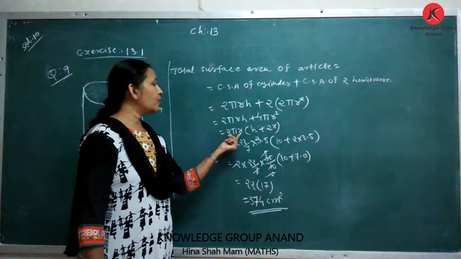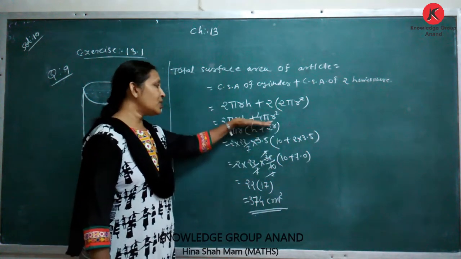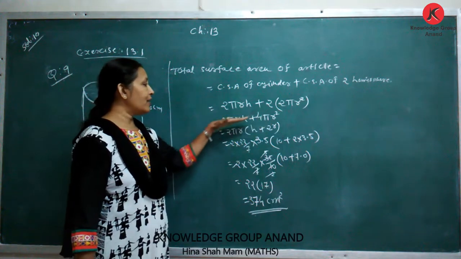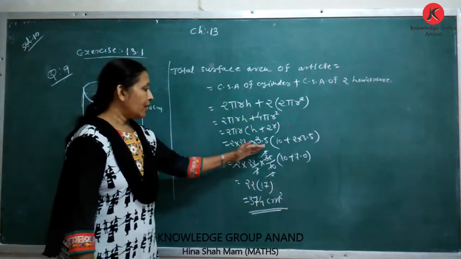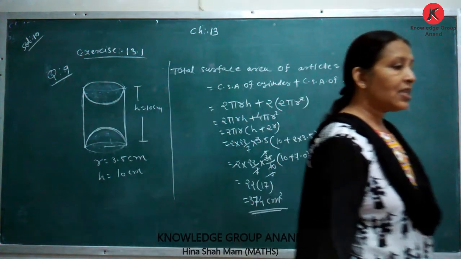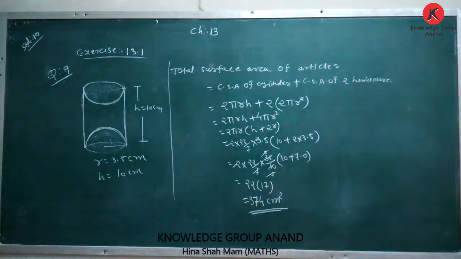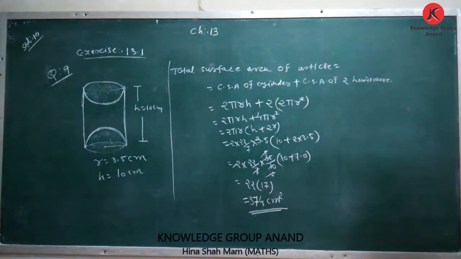The common part is 2 pi r, the remaining part is h plus 2 r. Then you put in the values and simplify. The answer is 374 centimeter square. The total surface area of the article is equal to 374 centimeter square.